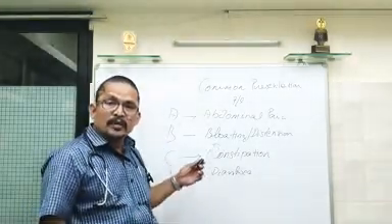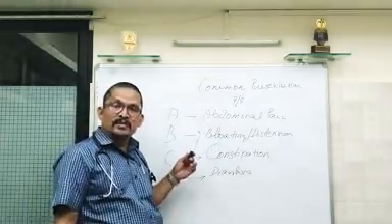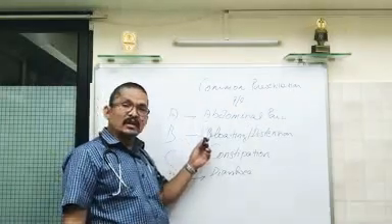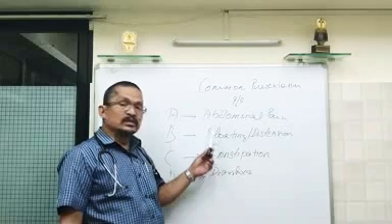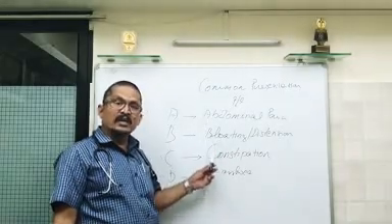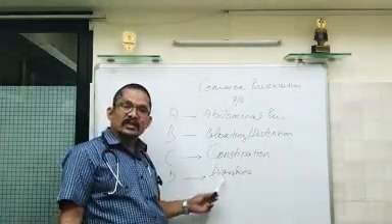So the ABCD of IBS may be: number one, abdominal pain, then bloating or distension, then constipation, then it may alternate with diarrhea.